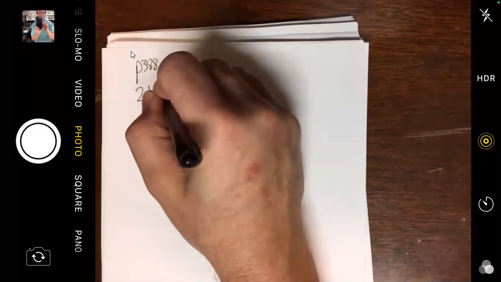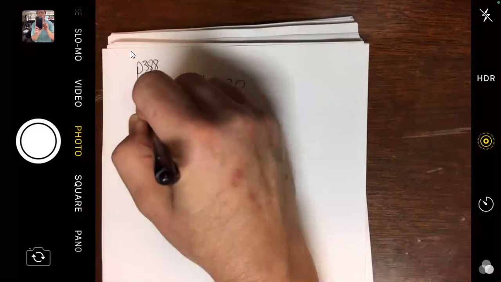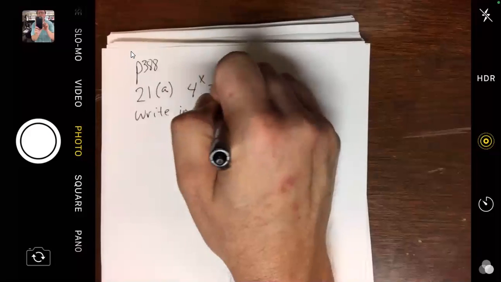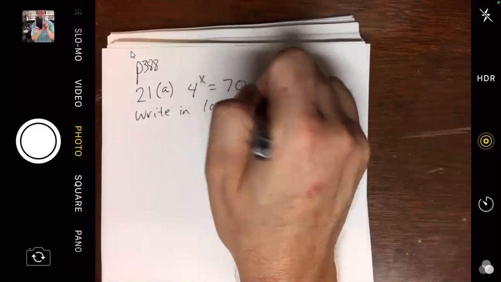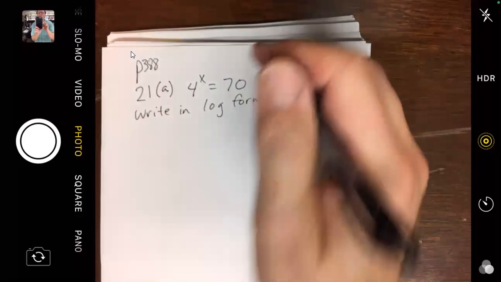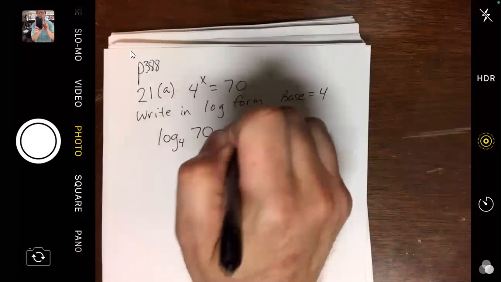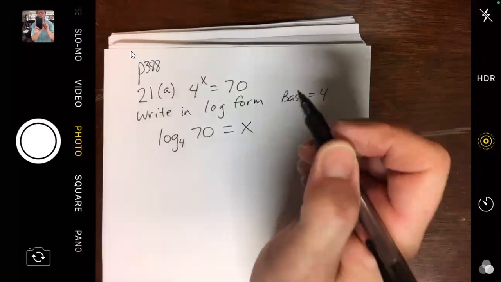Part A. Write log form. Base is 4. You would take log base 4 of 70 equals the x, the logarithm.